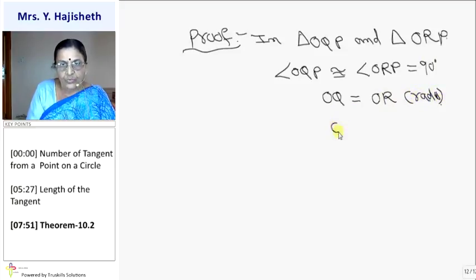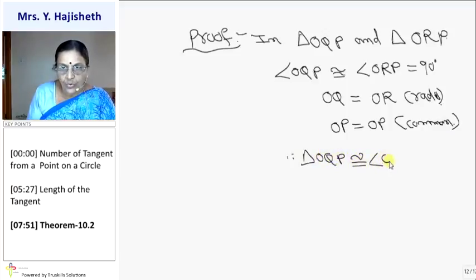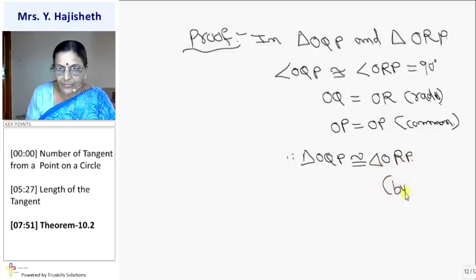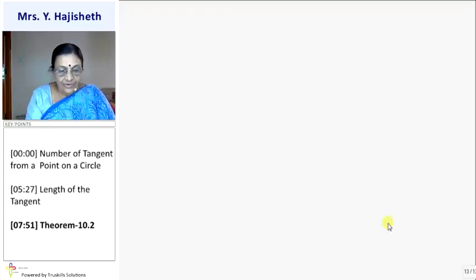And OP is equal to OP, common. So triangle OQP is congruent to triangle ORP by the RHS axiom. When two triangles are congruent, their corresponding sides are also equal. PQ is equal to PR, CPCT. Clear? So that completes your theorem 1 and theorem number 2.